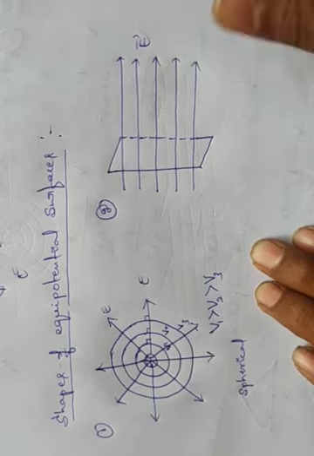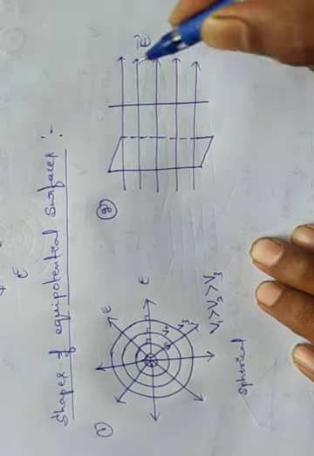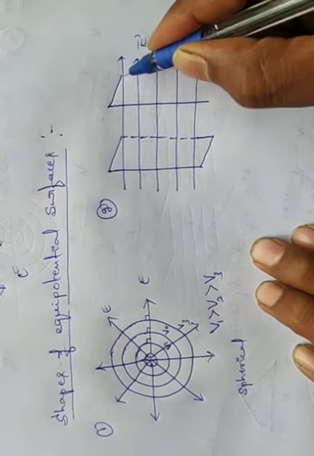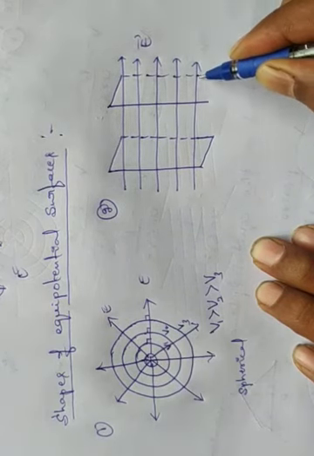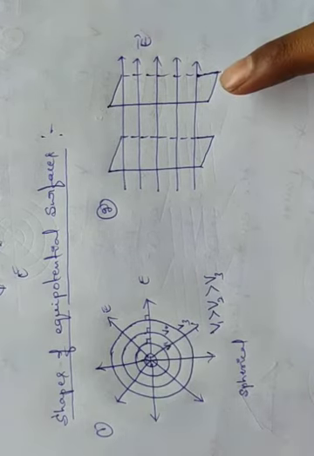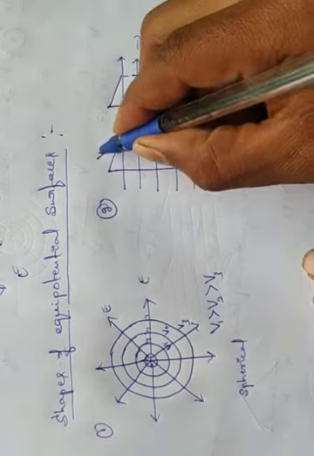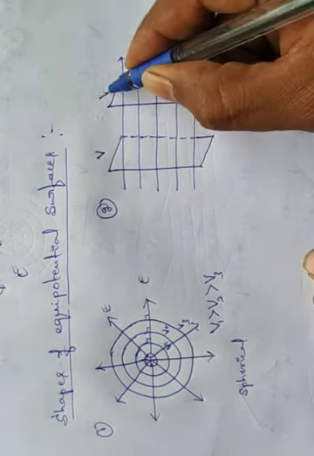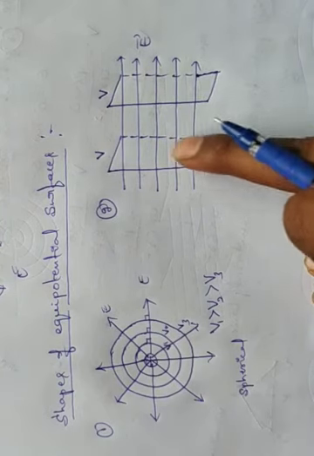In the same way, we can draw another one. So these are the equipotential surfaces for the uniform electric field. Here it has the potential V, and here also the potential V. Why? Because this electric field is uniform everywhere.